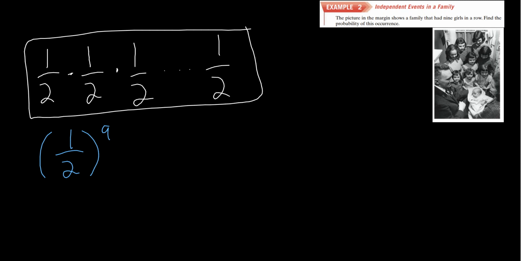So 1/2 raised to the ninth power is 1 over 2 to the ninth. I forget my 2's. 2 raised to the ninth is 512. So there's a 1 in 512 chance of having 9 girls, or in other words, that would be 1 divided by 512.